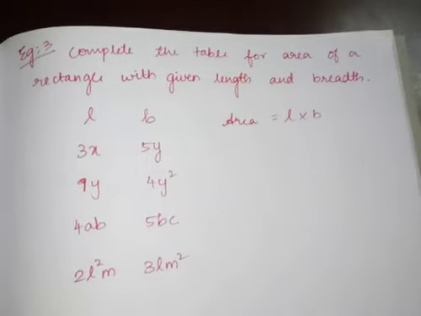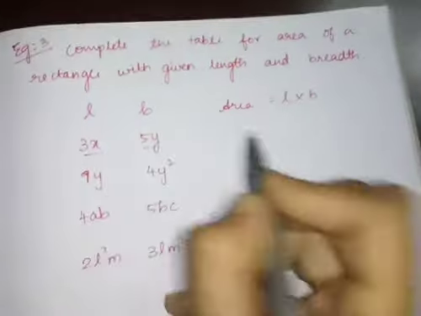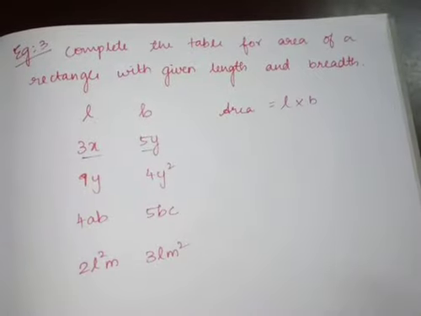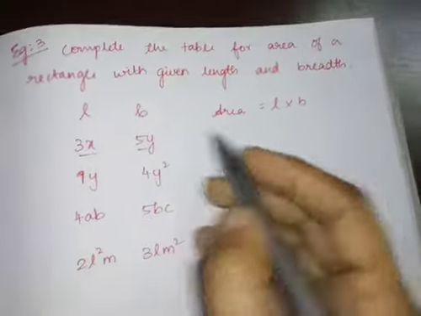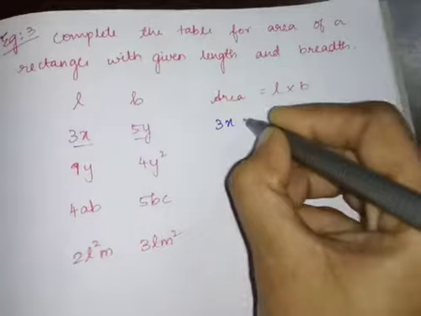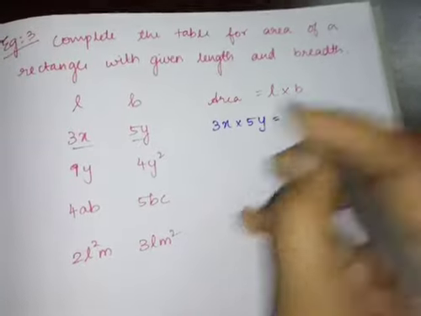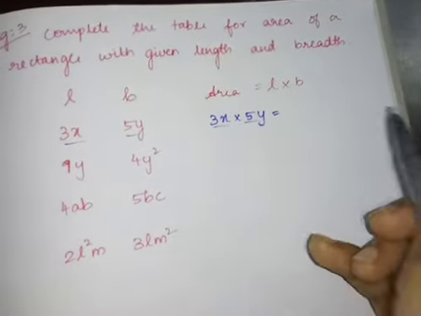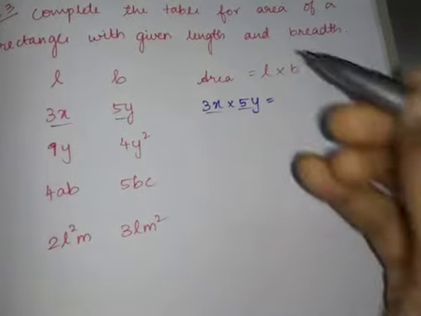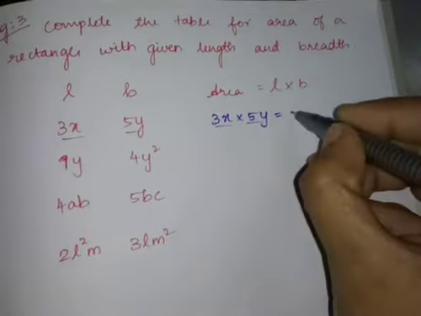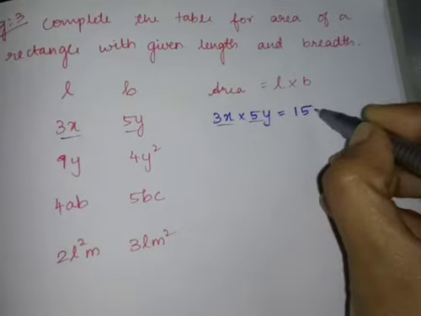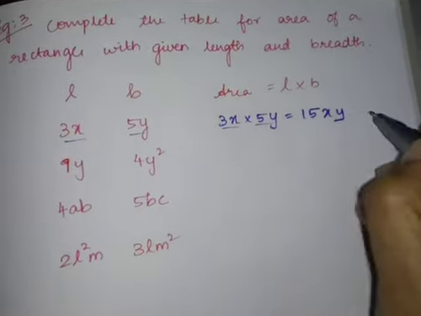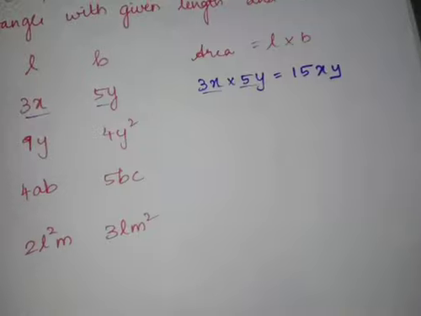Here they have given the length as well as the breadth. Area is length into breadth, that means 3x into 5y. Now I should multiply the numerical coefficients. 5 3s are 15. X into y, xy. So 15xy is the area.